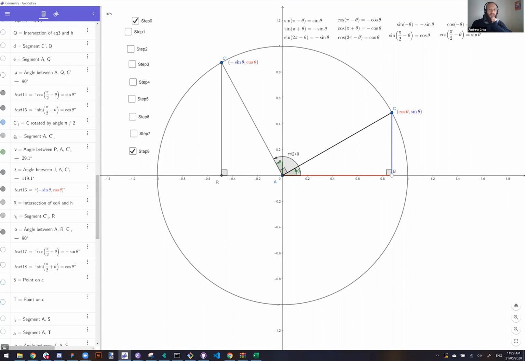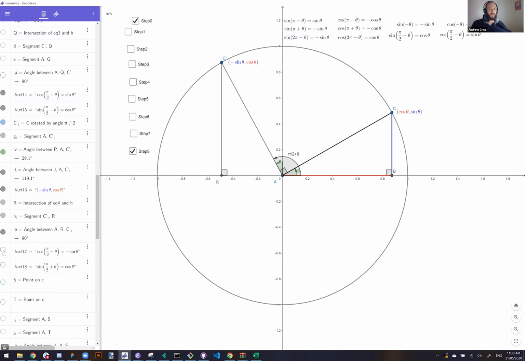So if I throw in pi over 2 plus theta, so I start by going theta and then I go pi over 2 radians more, if I put that into the cosine function, I will get this value here, because cosine always tells us the horizontal distance.